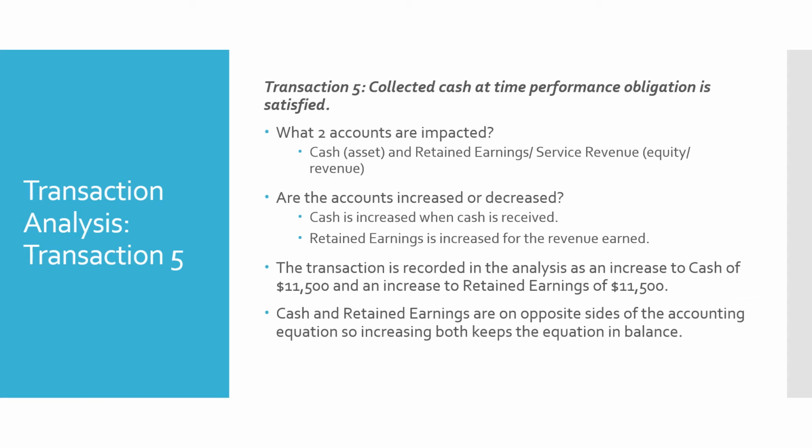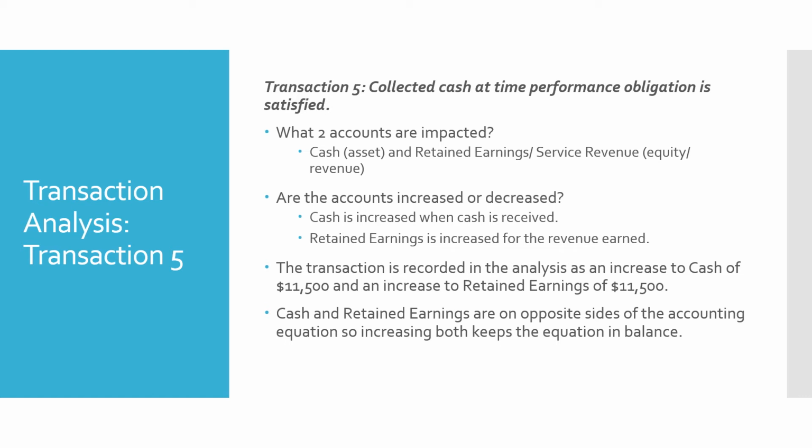Transaction number 5, we're going to collect cash at the time the performance obligation is satisfied. So in this case, we are receiving cash again, so we want to increase cash. But in this case, we are going to recognize revenue because they tell us that the performance obligation has been satisfied.